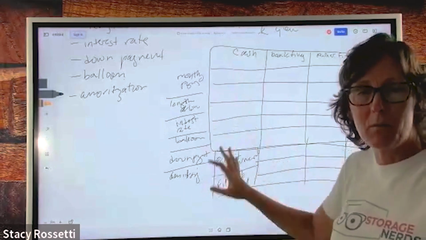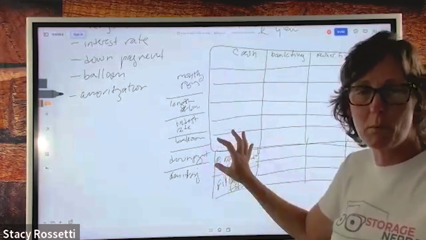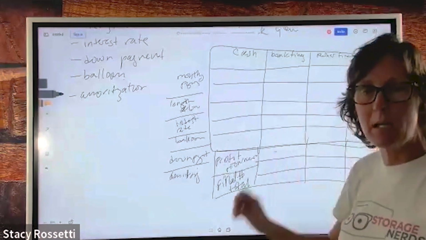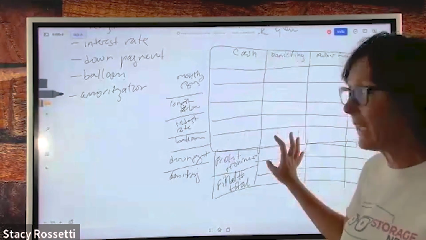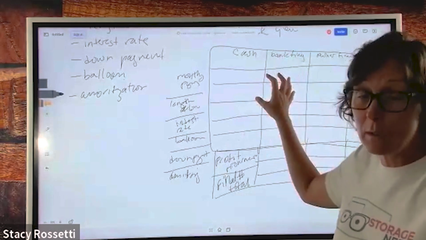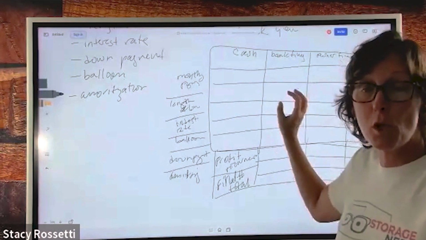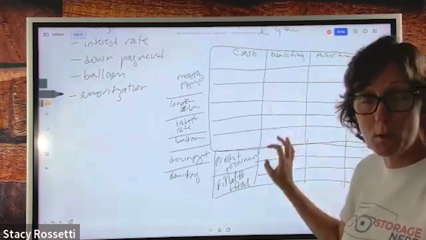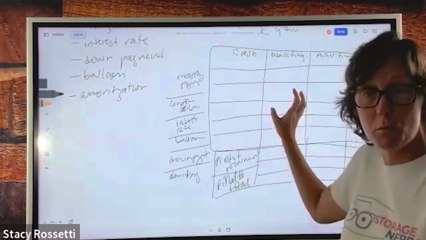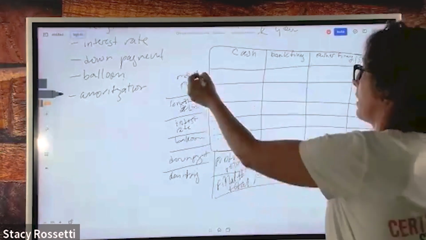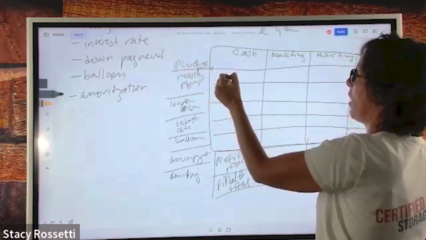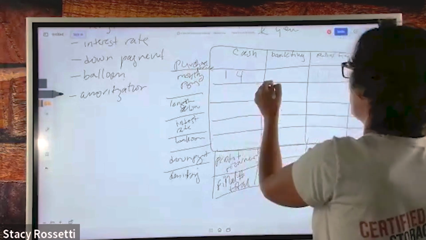If I pay cash for this, it's $1.4 million. I might be making $1.4 million. If I get financing, I can't pay $1.4 million. The numbers don't work at 1.4. I'm going to have to pay $1.1 million. That's where the numbers work right now. And see, this is the purchase price. So I'm going to pay $1.4 million cash.